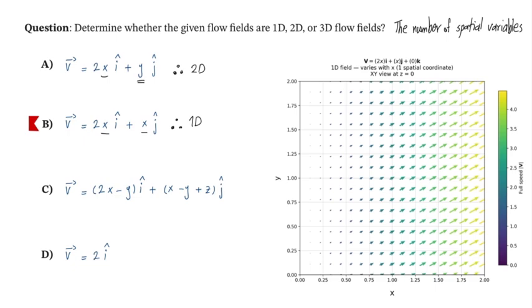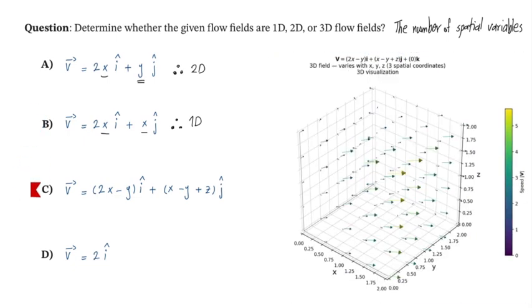Now, let's move to item C. In item C, we have x in our variables, we have y, we also have z. So this is a three-dimensional flow field.